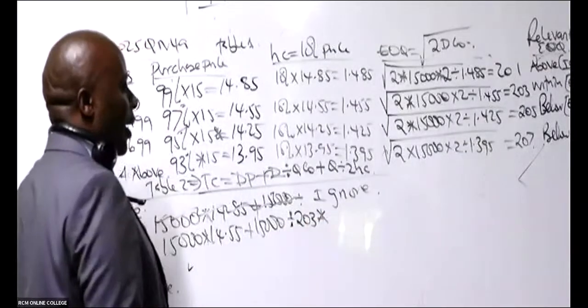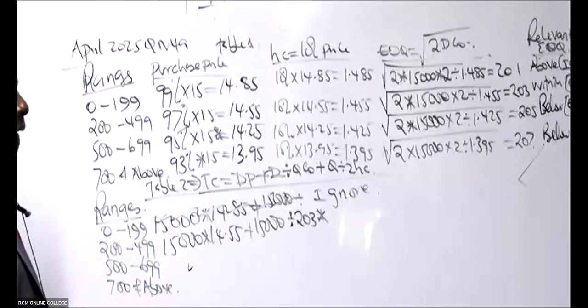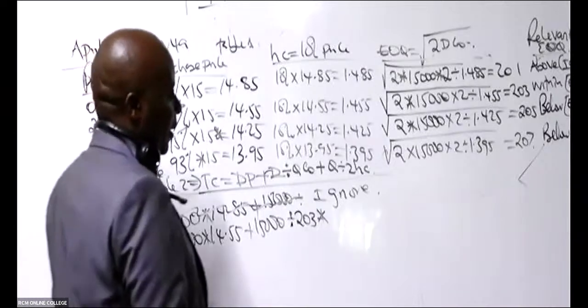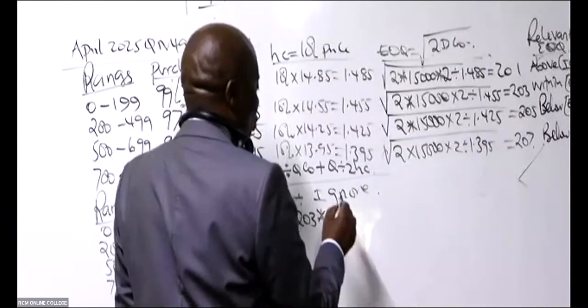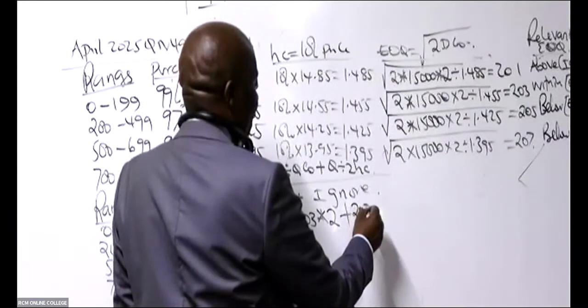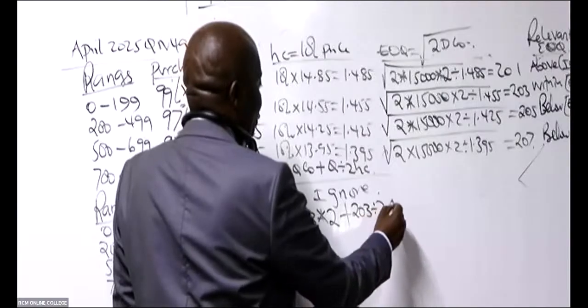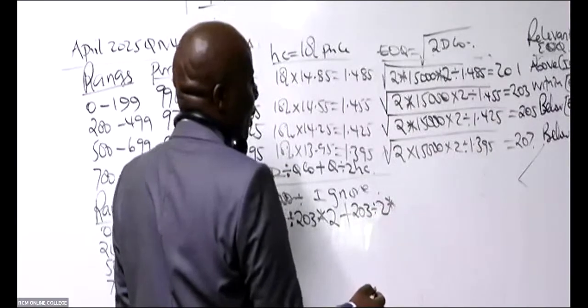What is the cost per order? It is 2. Plus Q over 2, where Q is 203, divided by 2, times HC.